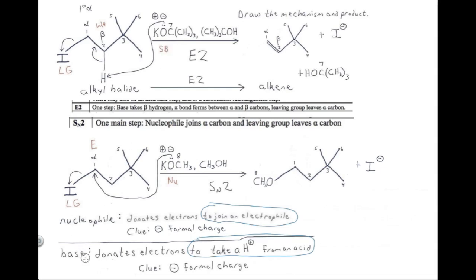How are nucleophiles and bases similar and different? A nucleophile is similar to a base because they're both electron donors. But a nucleophile is different than a base because a nucleophile donates electrons to join another molecule, while a base donates electrons to take a proton from the other molecule.